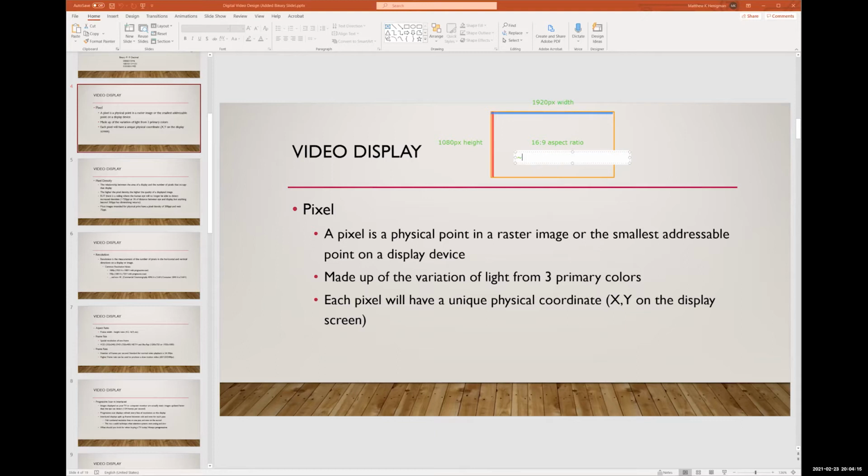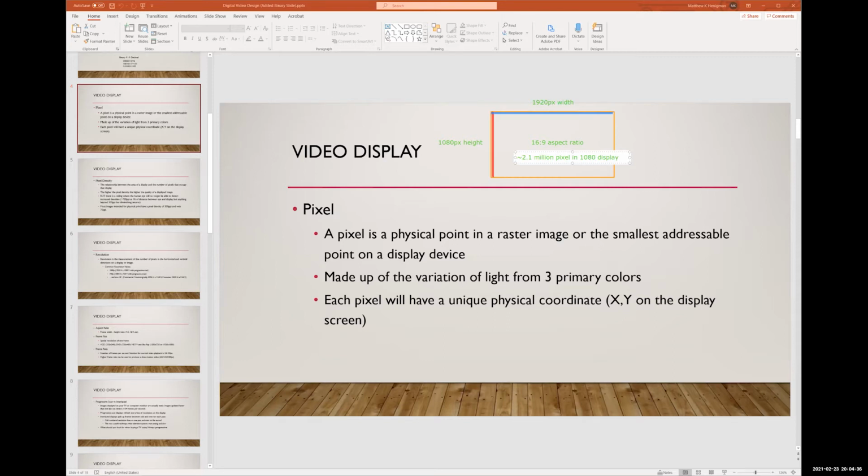Does somebody do the actual math? Right. Just shy of 2.1 million. 2.1 million pixels in a 1080 display.